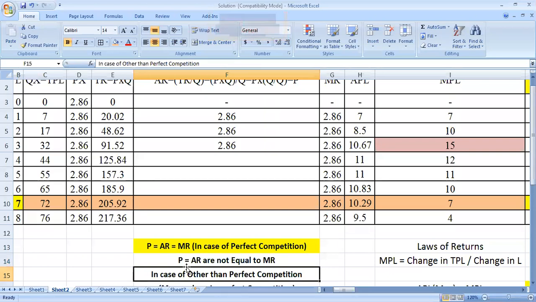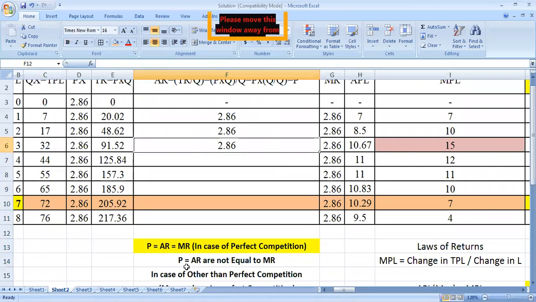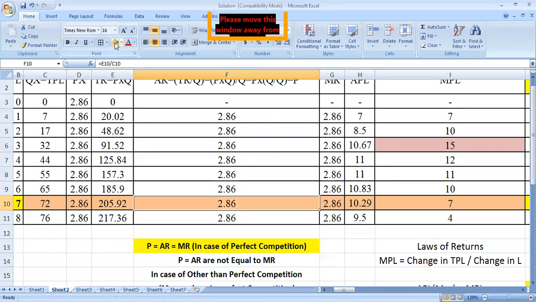In perfect competition, price and average revenue are equal, and they are also equal to marginal revenue. We'll go to the marginal revenue column in just a few seconds. Just wait, and I'm going to discuss that concept as well.